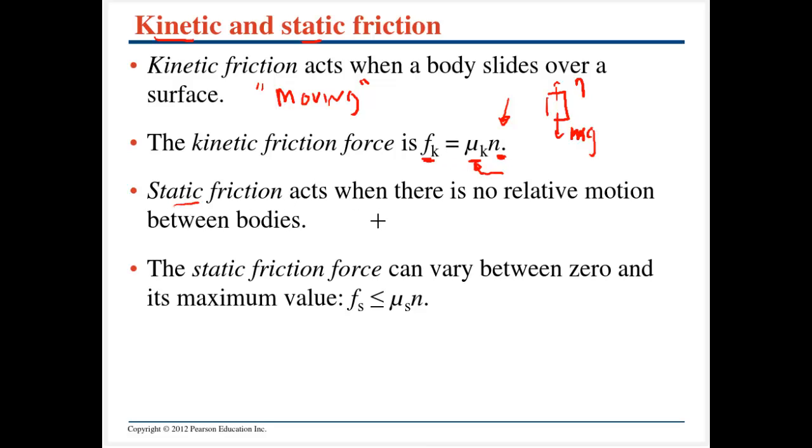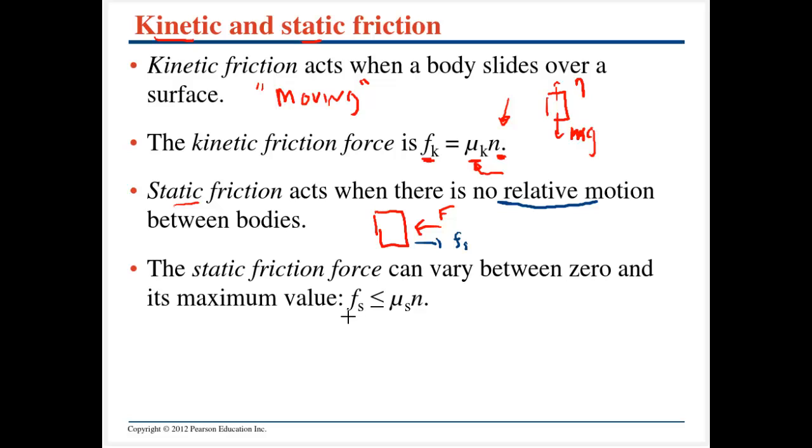Static friction acts when there is no relative motion between the bodies. If you consider a box and you're trying to apply a force to it and it doesn't move because it's a stubborn box, it has a force of static friction in the backwards direction. Static friction can actually vary between 0 and its maximum value.